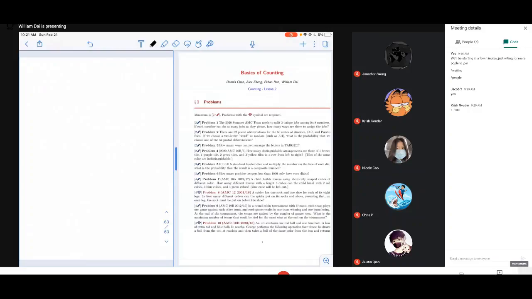Now we're on 6. How many positive integers less than 1000 have only even digits?